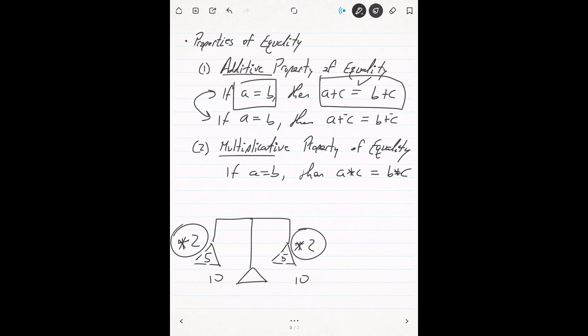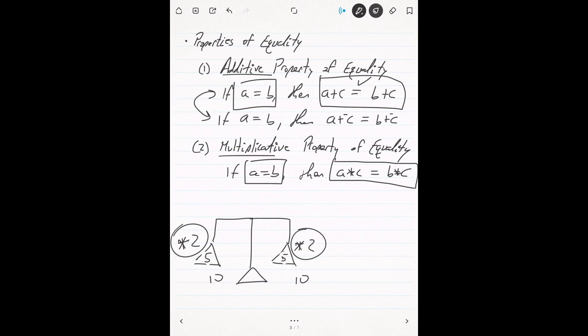You're just taking the same weight on both sides and you're doubling it or tripling it or doing whatever multiple, okay? So what the multiplicative property says is, if you're given an equation, two things equal to each other, you can multiply both sides by the same value and they will stay equal, okay?